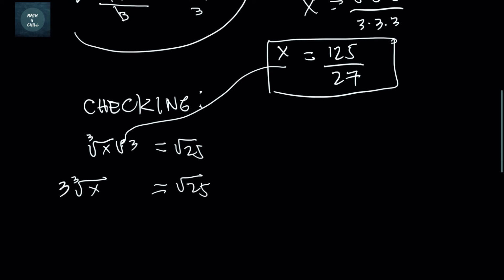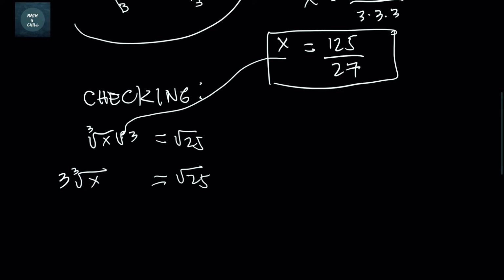Replace na to siya ang x, value sa x, that is 3 times the cube root of 125 over 27 is equal to the square root of 25.